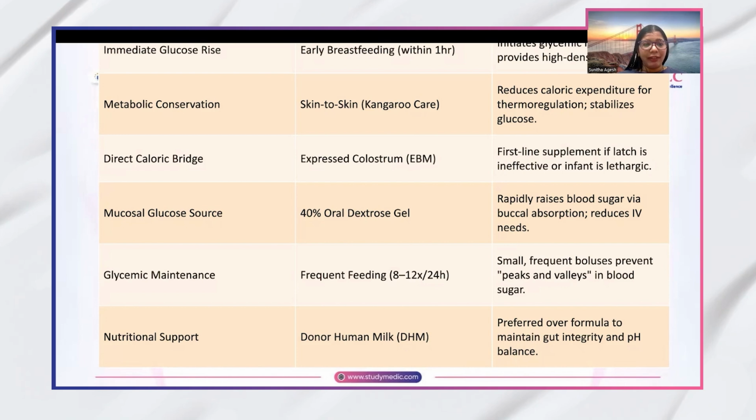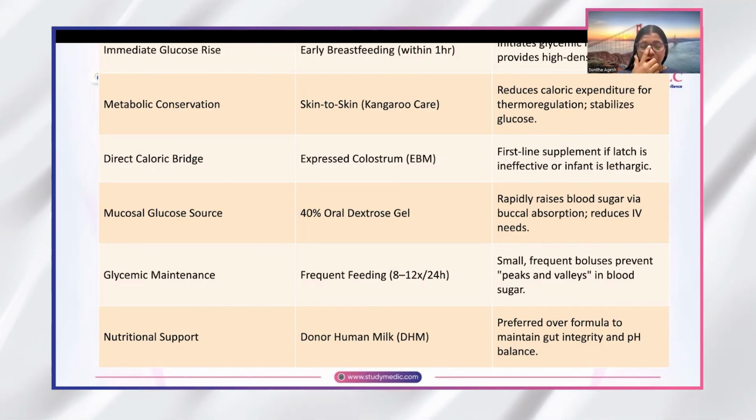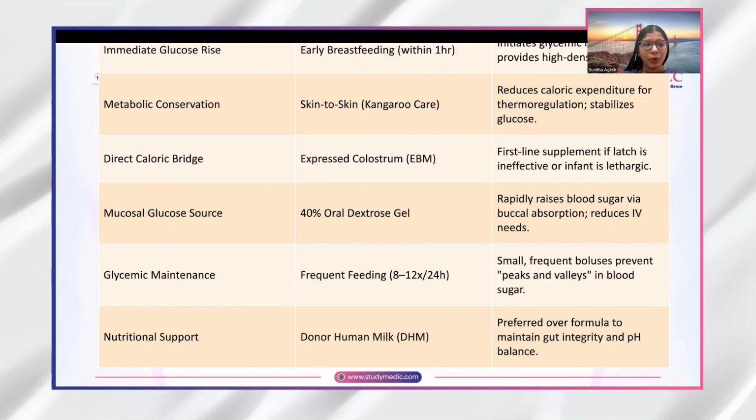If the latch is ineffective, we can give EBM. Then mucosal glucose source: 40% oral glucose gel we can administer. It will raise the blood glucose immediately. Usually we apply it by the buccal route, buccal absorption. In that period, if the glucose is within the normal range, there is no need for unnecessary IV cannulation.